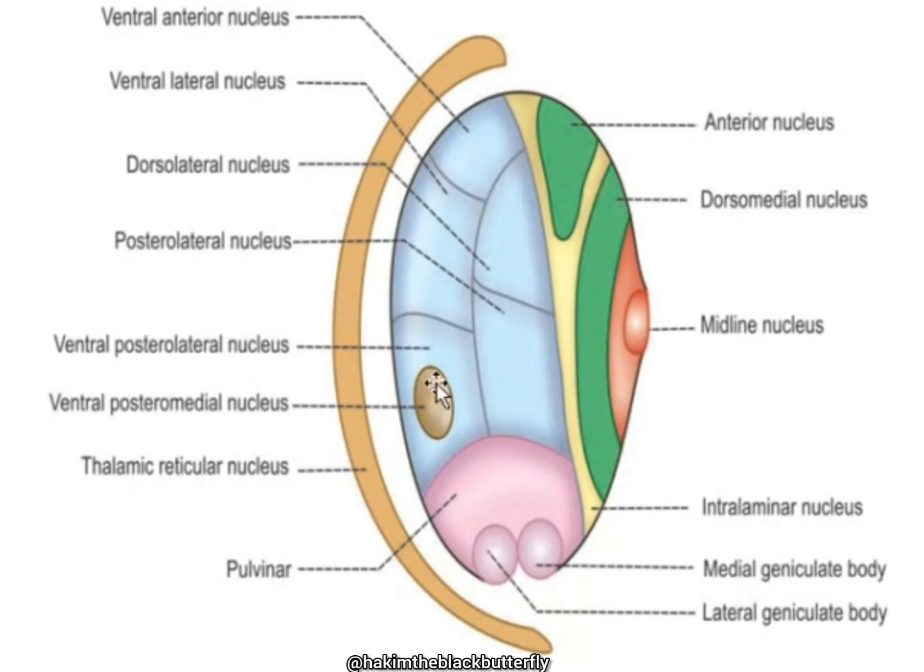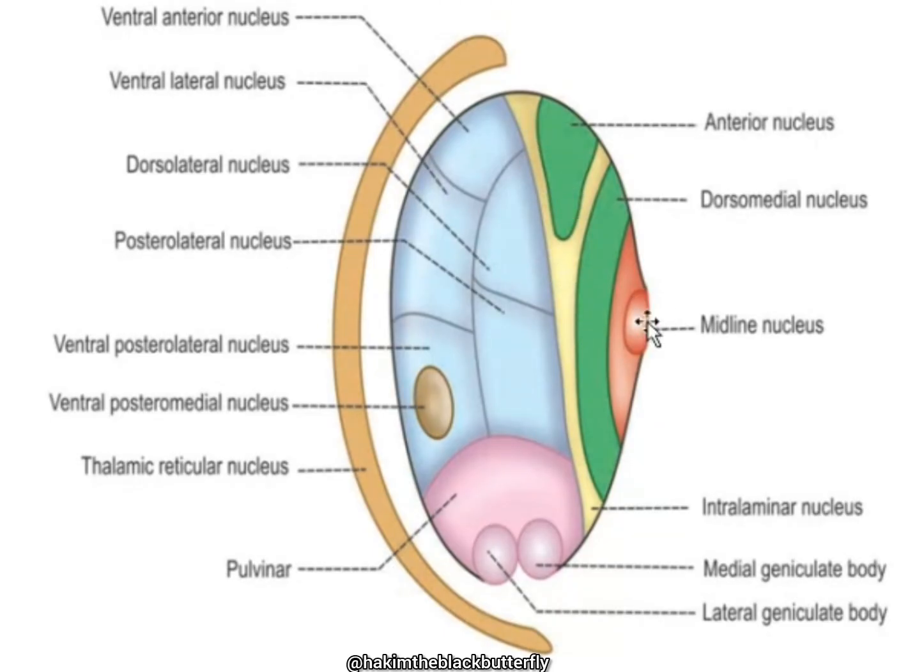Why do they call these nuclei lateral? Because they are lateral to this lamina. Why do they call these nuclei medial? Now we shall see that even this one, which is anterior, is part of the medial, okay? They are medial to the lamina.